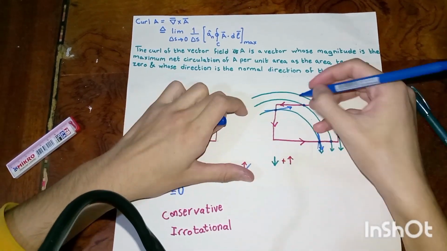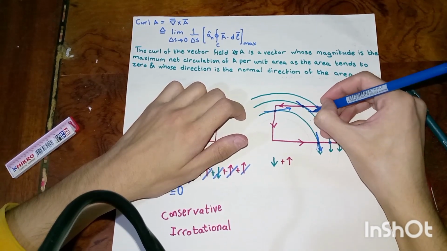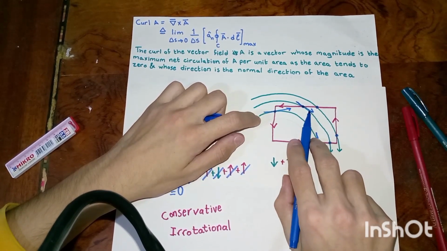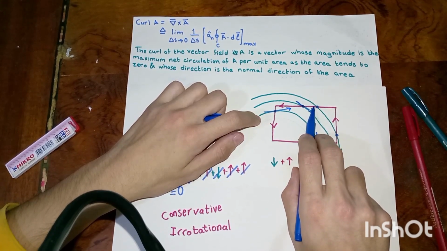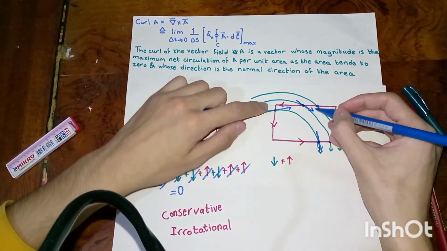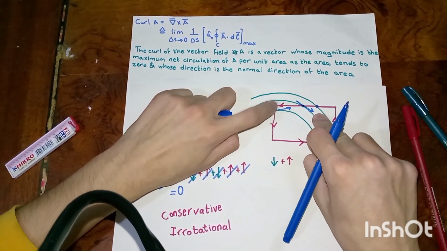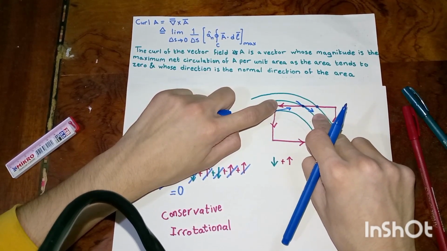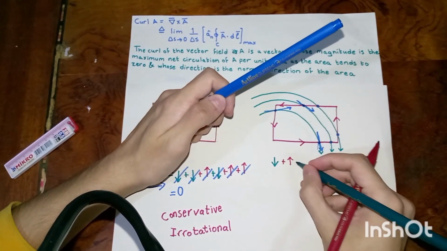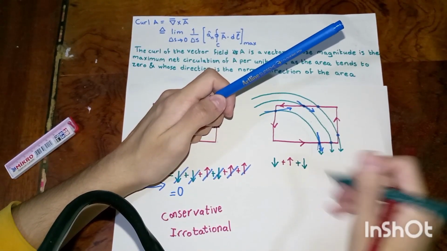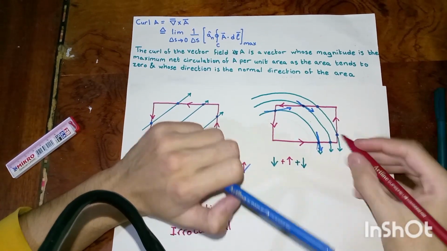Now, let's go to this point. At this point, the y component is going to vanish, but the x component remains, and the x component and the path have different directions, so it's going to give us a negative scalar magnitude. Let's go to this point.